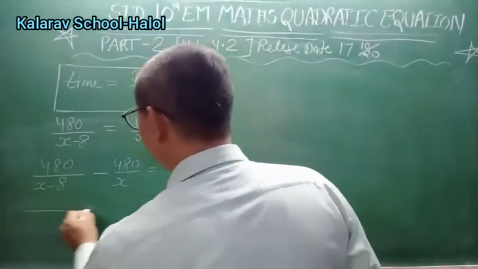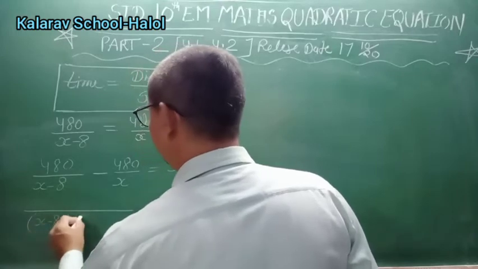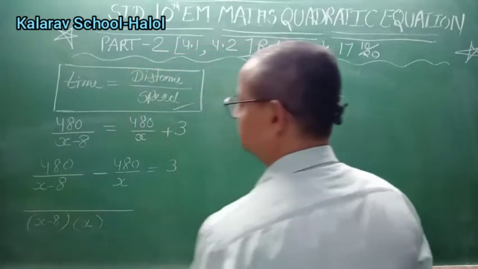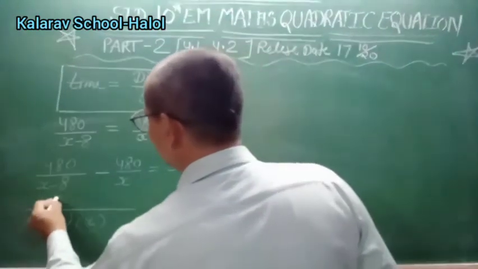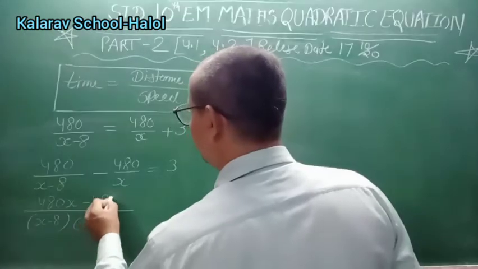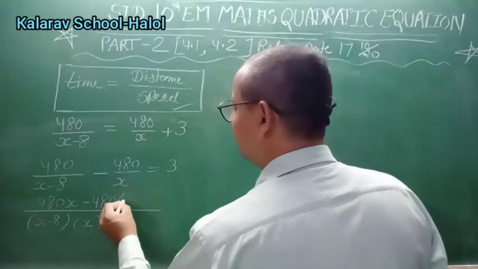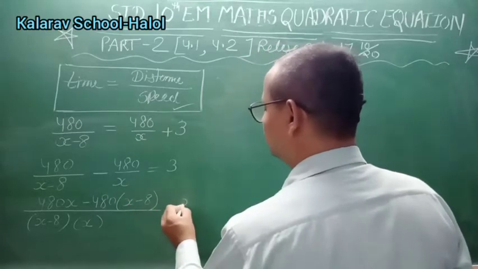Take LCM here, so it becomes x minus 8 and x. Cross multiply, we will do 480x minus 480 and in bracket x minus 8 equal to 3.